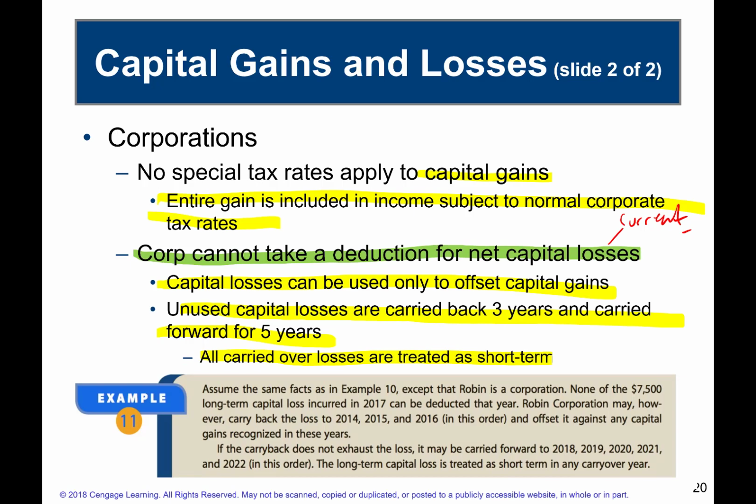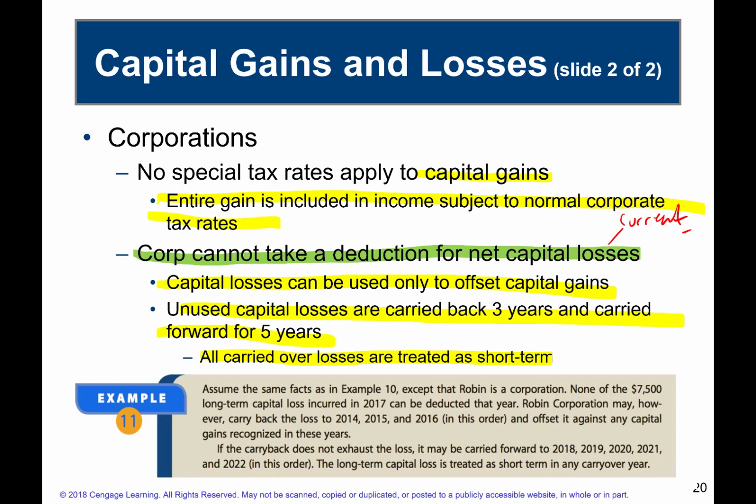Well, it used to be that the tax code had special treatments for short and long term for corporations. And so they removed the special rates, but they left the designation of short and long term in case they decided later that they wanted to put back the preferable rates.